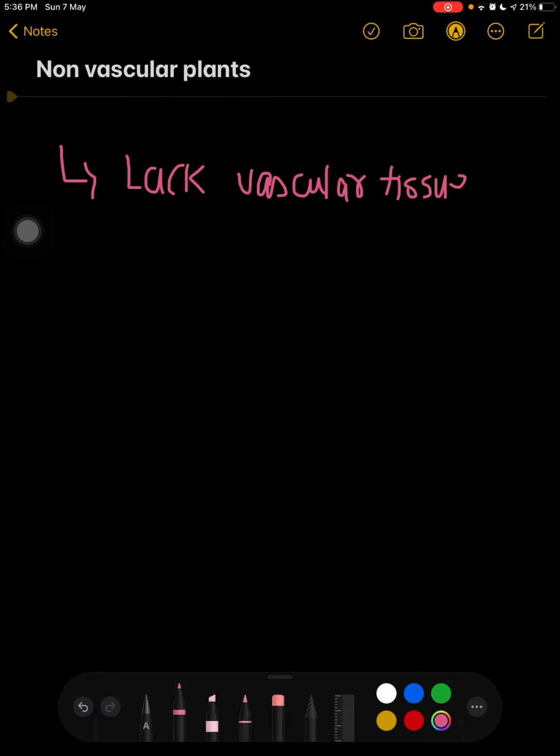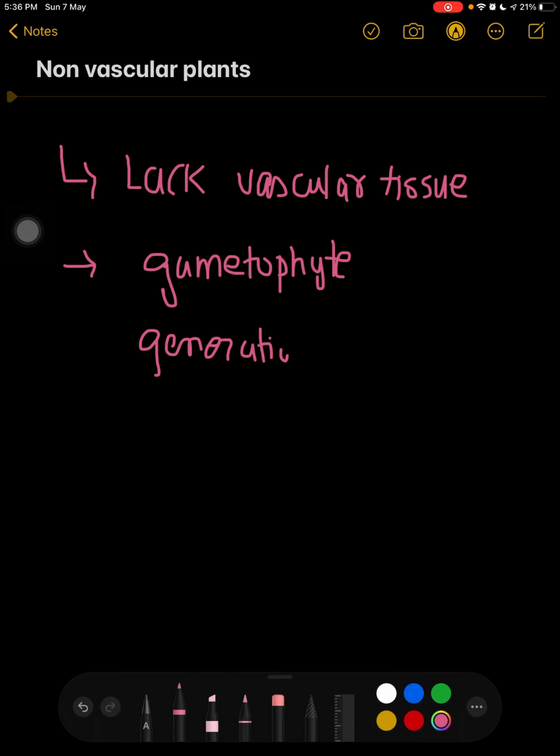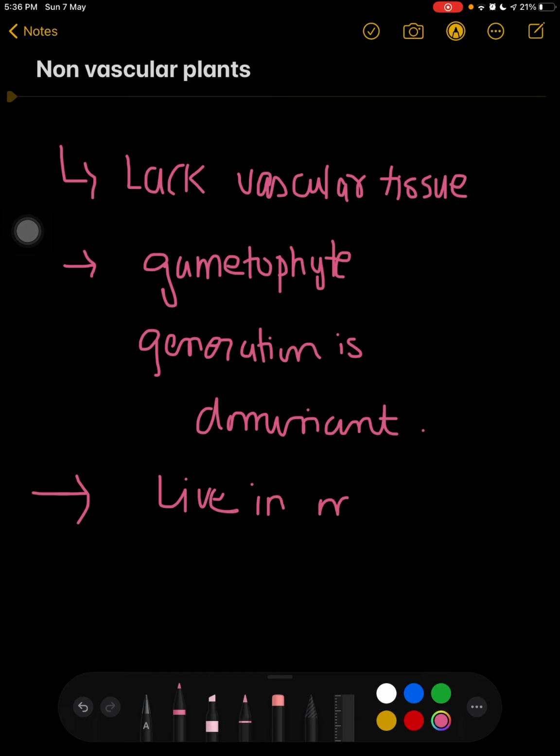Moreover, their gametophyte generation is dominant, right? They live in moist places.